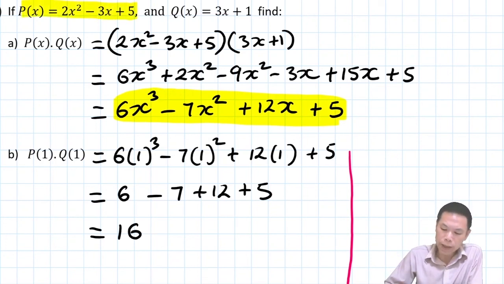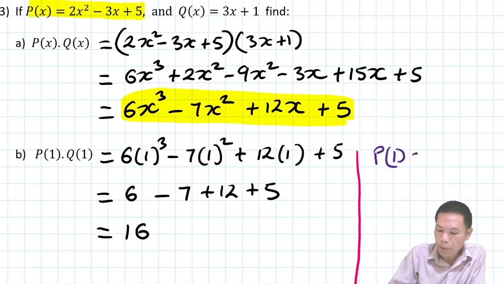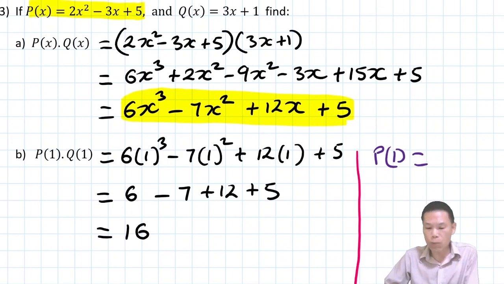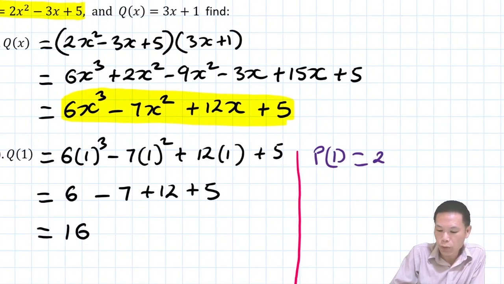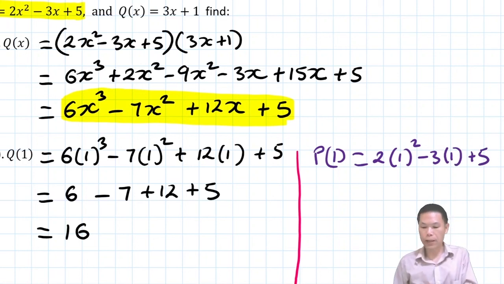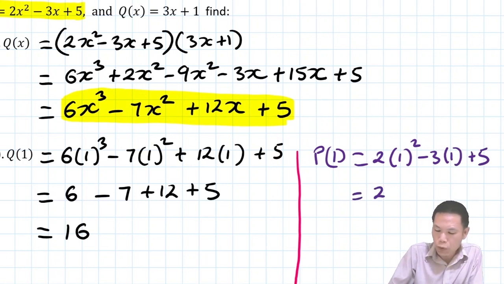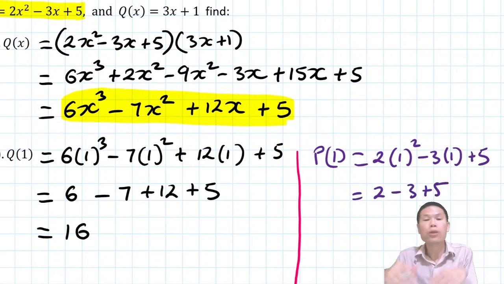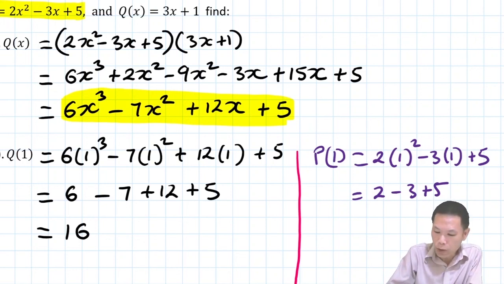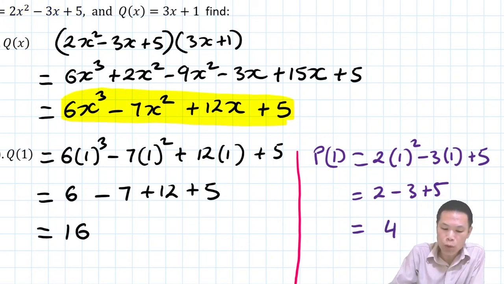So p of 1 is equal to 2x squared, that means 2 lots of 1 squared, minus 3 lots of 1, and add 5. That gives me 2 minus 3 plus 5. So 2 plus 5 is 7, minus 3 is 4. So p of 1 is 4.